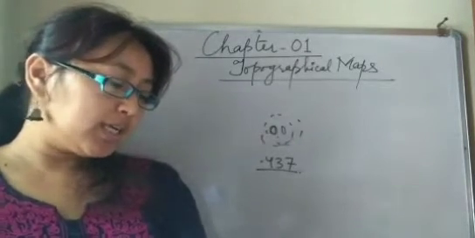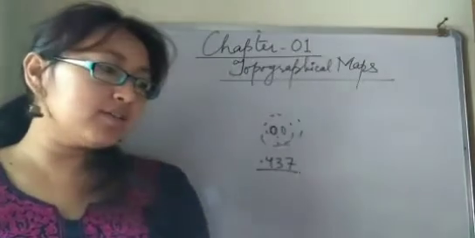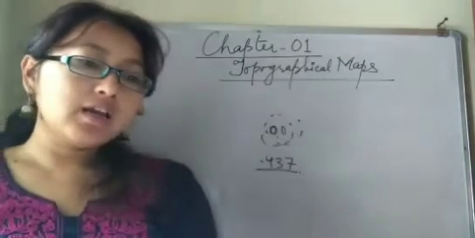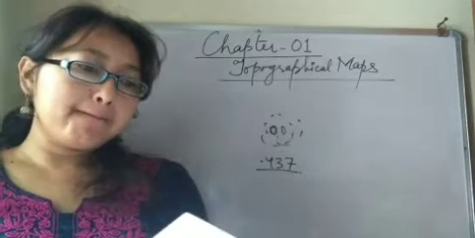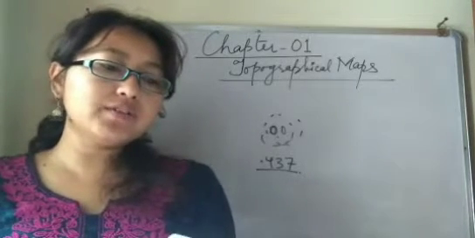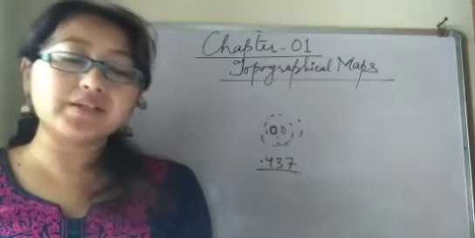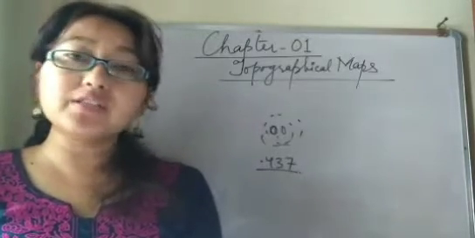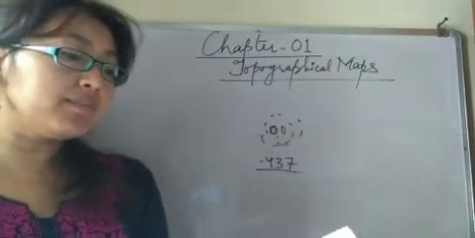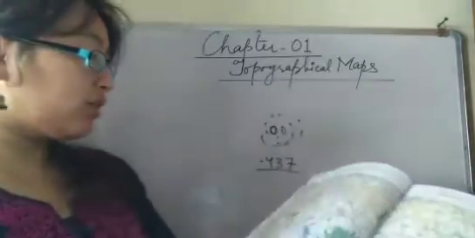Now, next question is, what is the general difference in the relief of the northwestern quarter and southeastern quarter of the map extract?